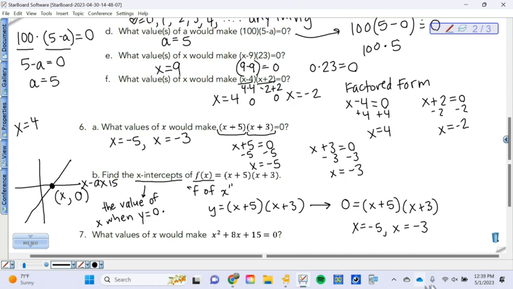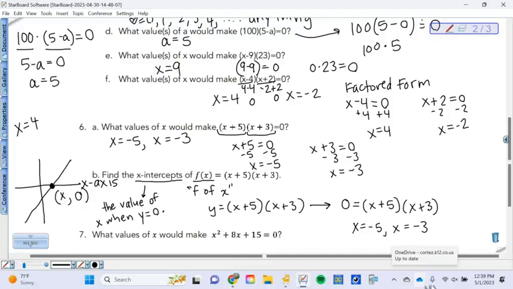But for right now, it's really just as simple as looking at your factored form, and figuring out how am I going to make both of those factors equal to 0. So in this one, I'd have to plug in -5 to make this part 0. And in the other one, I'd have to plug in -3 to make that 0. That's like all we got to worry about for right now.